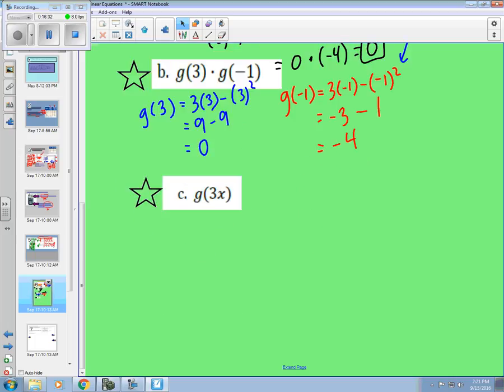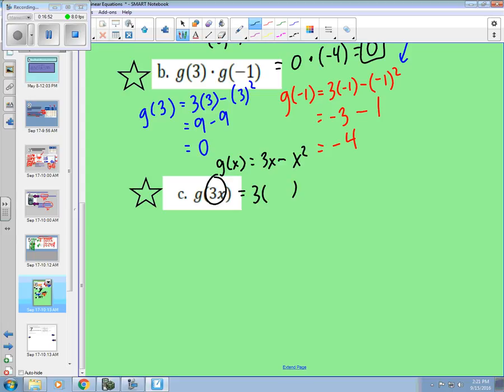Now we got a variable in there. Well, you do the same thing. You still want to plug in anywhere you see an x in that original function, which was 3x minus x squared. Anywhere we see an x, we're just replacing it with whatever is here. So wherever there's an x, you're putting parentheses, and you're just replacing that with this.